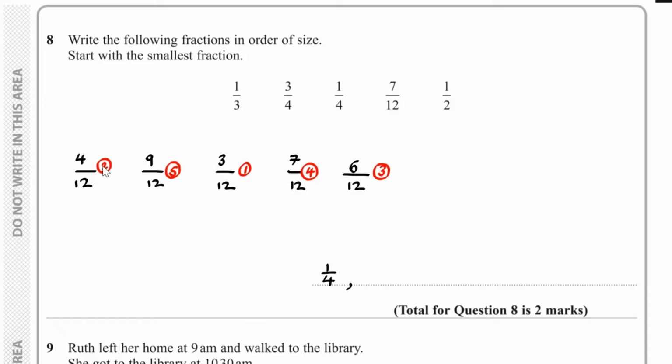After that, we've got the 4 over 12, which corresponds to 1/3. After that, we've got the 6 over 12, which corresponds to a 1/2. After that, we've got the 7 over 12. After that, we've got the 9 over 12, which corresponds to 3/4.